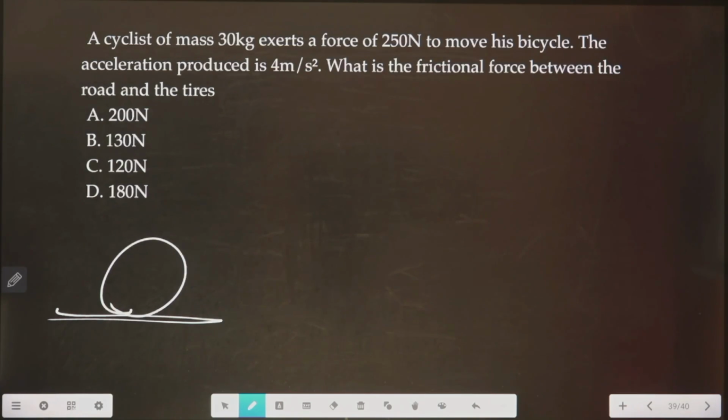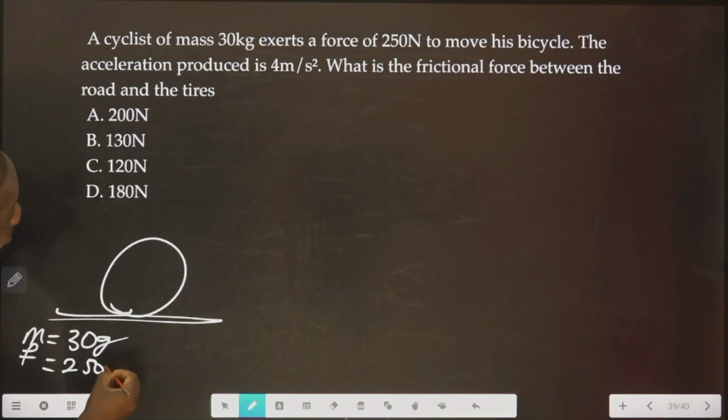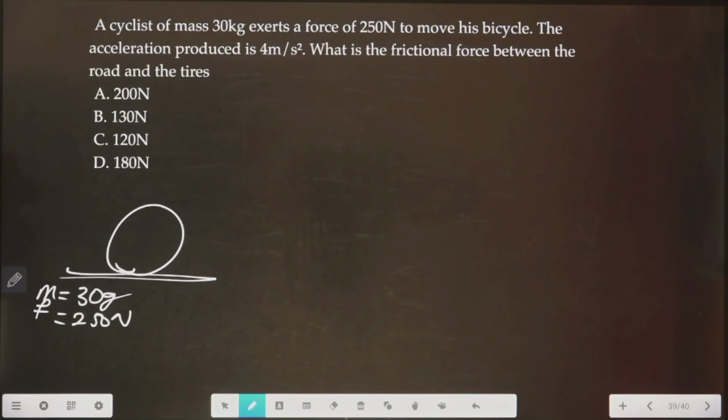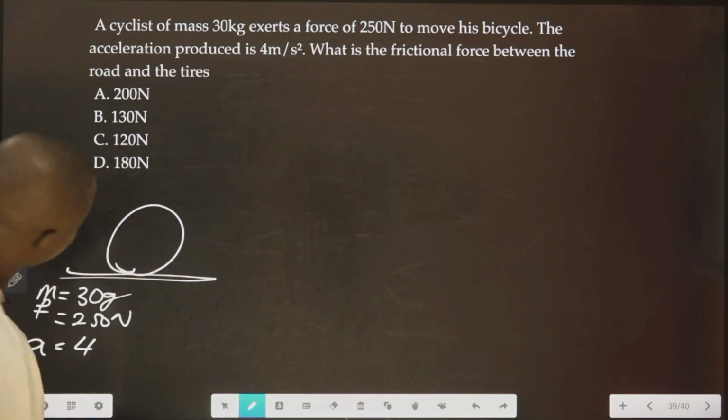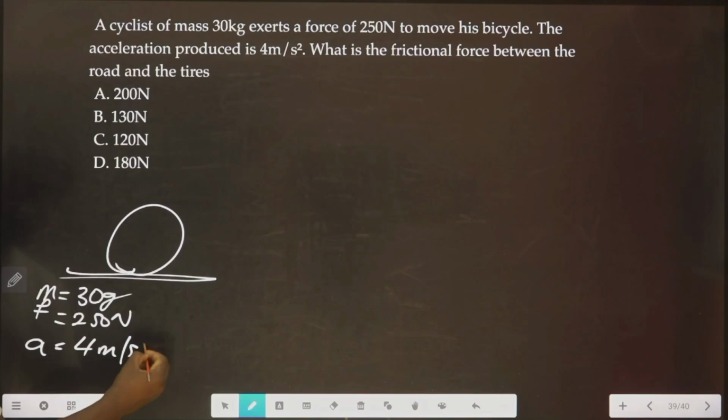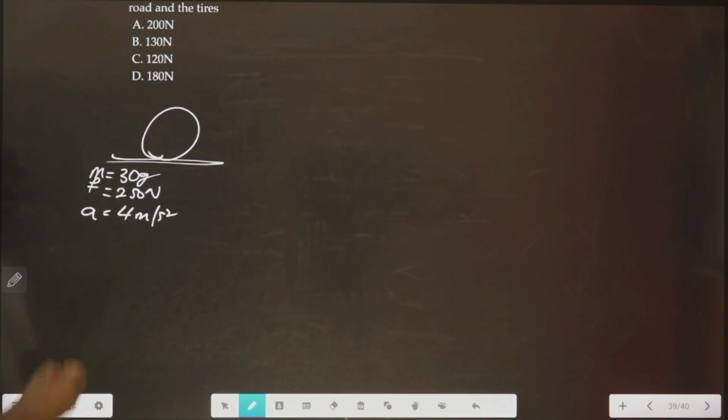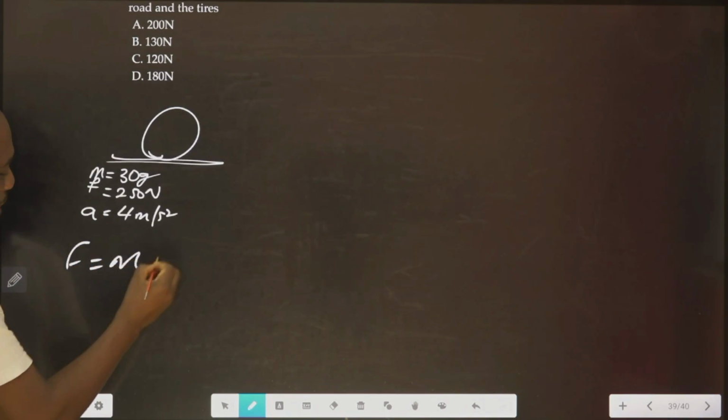As you can see, mass is given to us to be 30 kg. What is given to us again is the force, 250 Newton. Another information we have here is the acceleration, 4 meters per second square. You will agree with me that F is equal to ma.